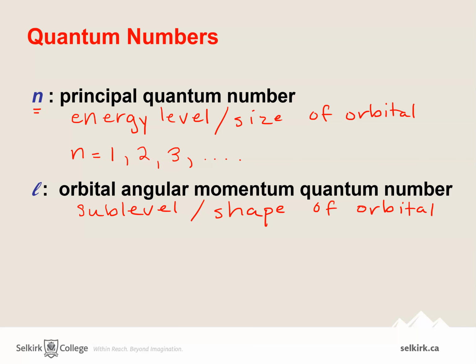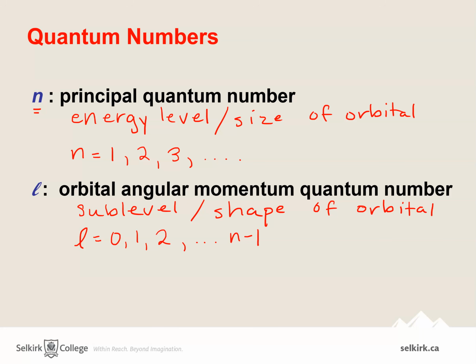Now, instead of a letter descriptor, historically, a number descriptor came first. I'm going to tell you that the rule for l is it could be 0 or 1 or 2 or anything up to n minus 1.